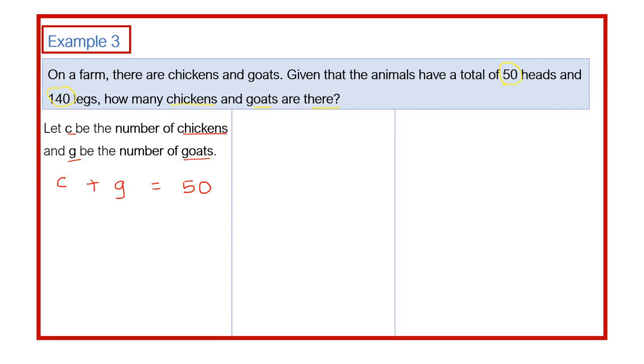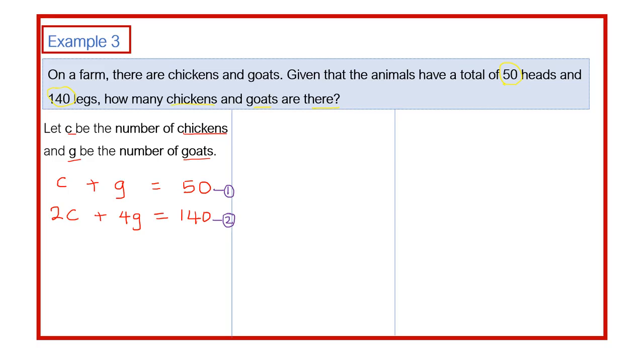But remember, a chicken has 2 legs, so we will say 2C. Remember, a goat has 4 legs, so we say 4G. The total number will be 140 legs. So you can see that we have created 2 simultaneous equations.